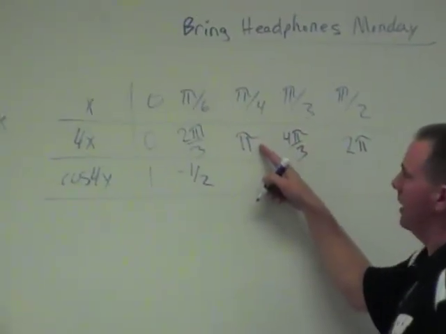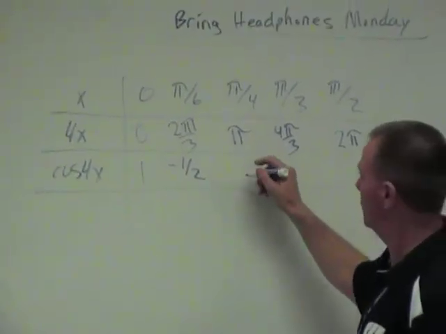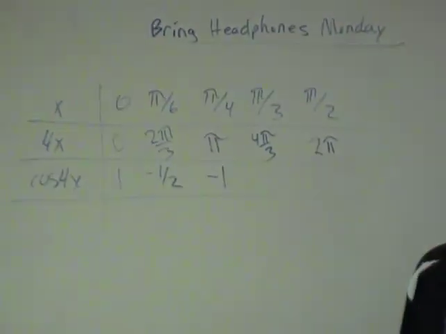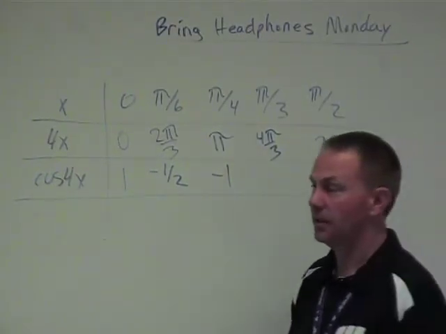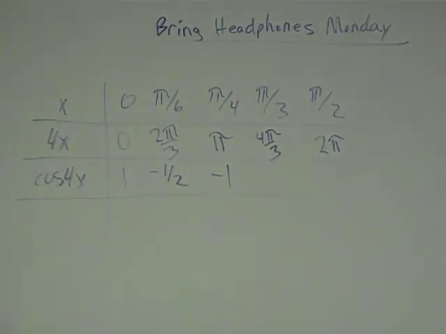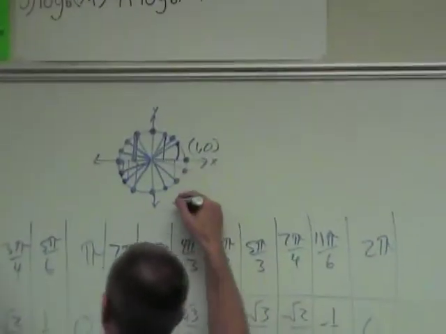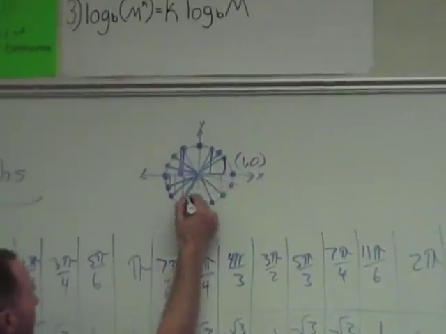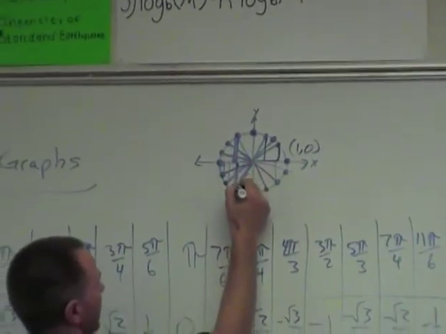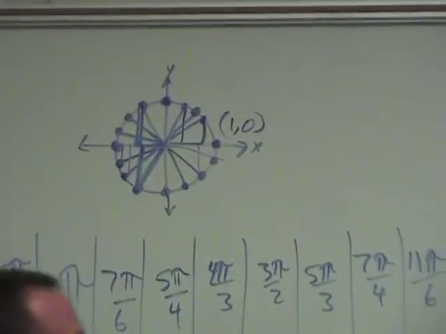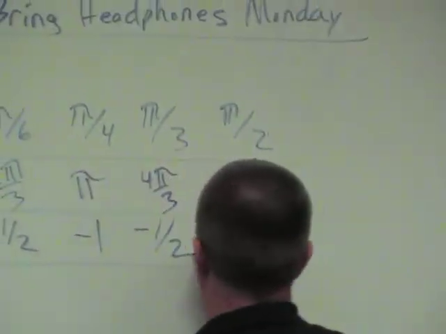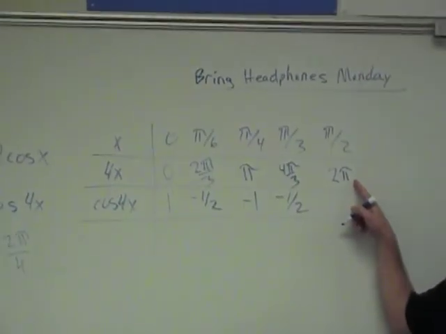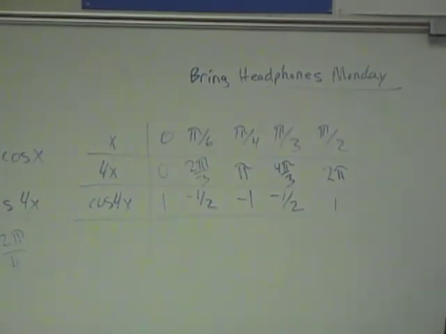The cosine at pi. Negative 1. The cosine of 4 pi over 3. Where's 4 pi over 3? 240 degrees. Okay? What's the cosine? This is what you need to visualize. 240 degrees. Right here. What's the x value here? Negative 1/2. And the cosine at 2 pi is 1.